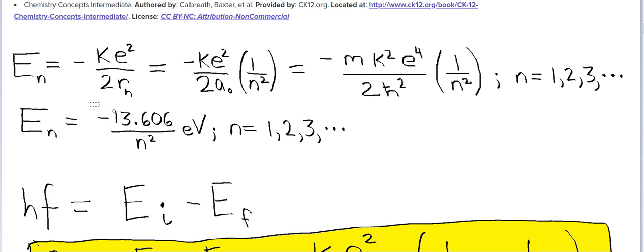And again, remember that this looked like minus 13.606 electron volts over n squared.